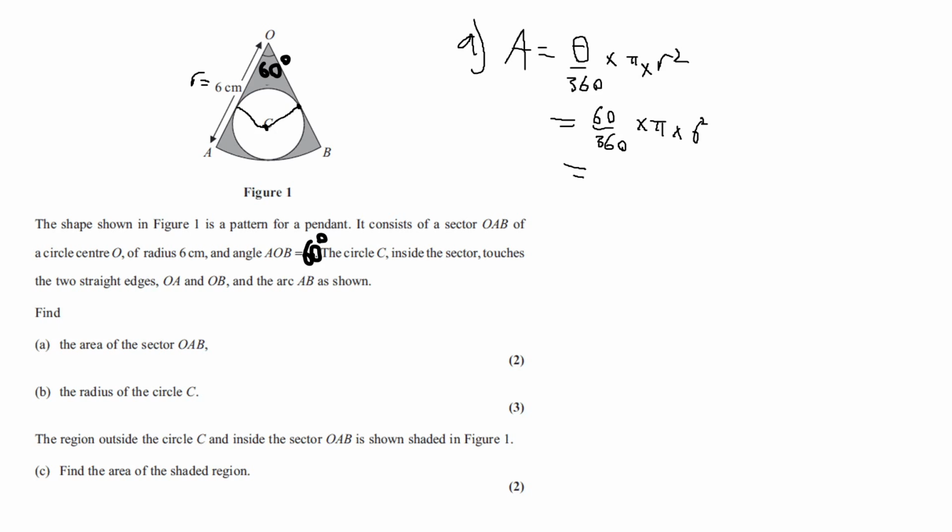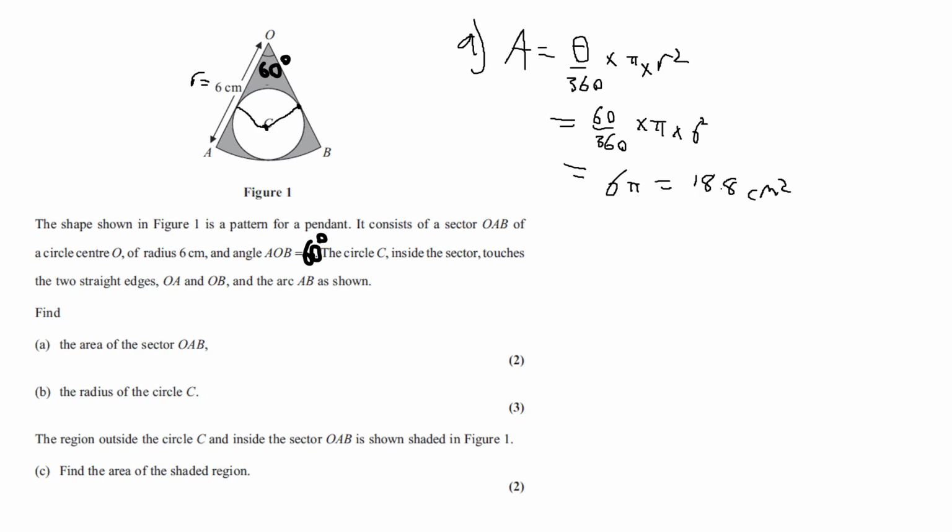And when we plug that into our calculators, we get an answer of 6 pi, which is also equal to 18.8 centimeters squared. Pretty easy stuff now that we've practiced it. How are we going to find the radius of circle C?